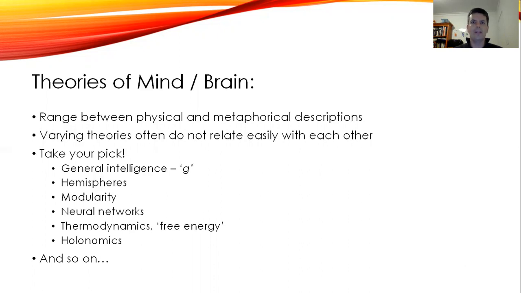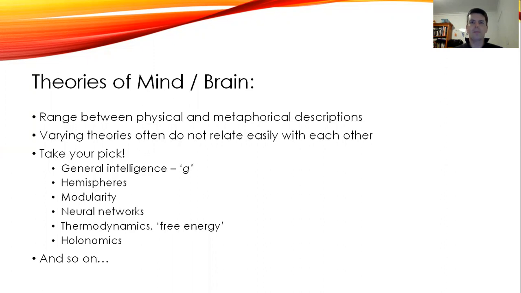These theories vary quite widely and often don't relate very well to each other at all. So it's quite a curious space of research, actually, that there's a lot of ideas that don't blend very well together. And it can be quite confusing to look at it from one theory to the next.